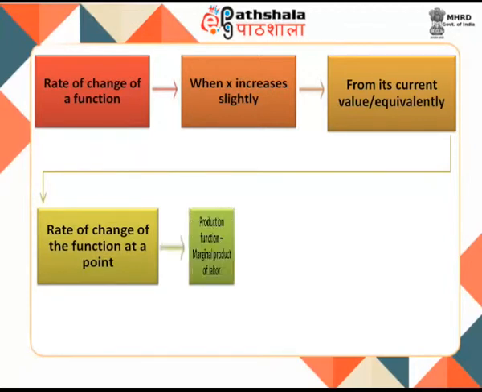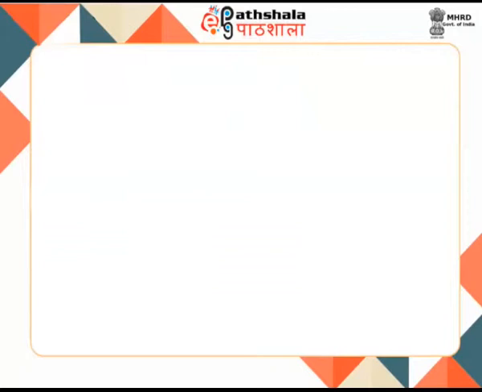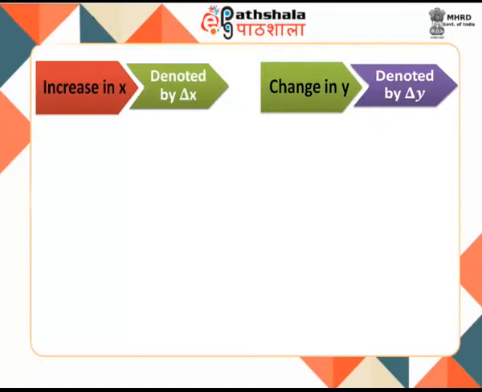In terms of the production function considered, such a rate is called the marginal product of labor. To assess the marginal product of labor, we assume that the increase in x is denoted delta x and the corresponding change in y is delta y.